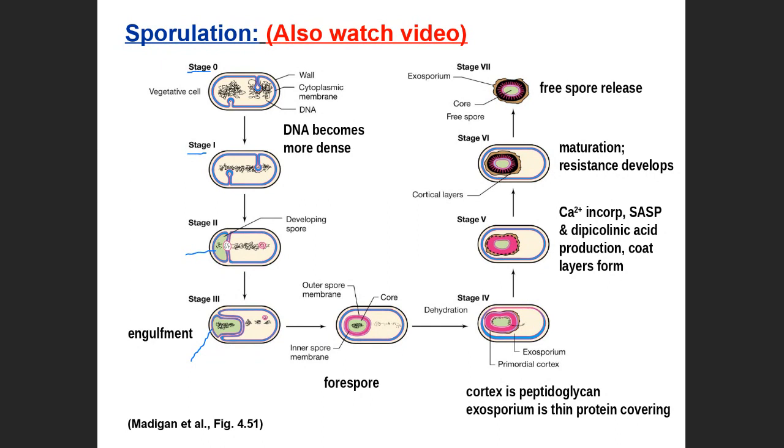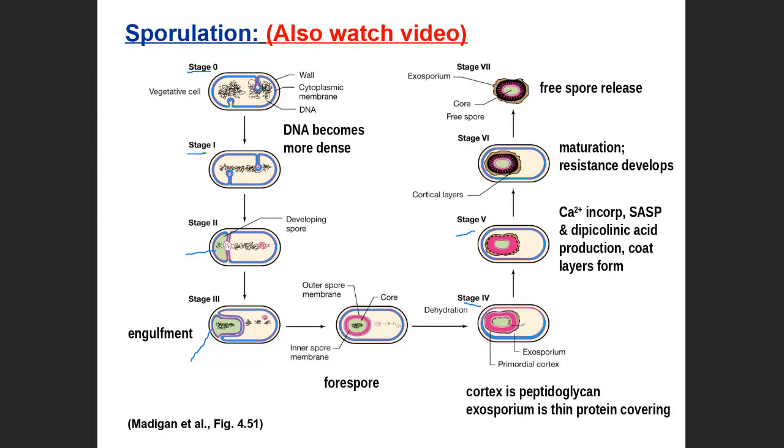And then you get to the formation and strengthening of the outer layers like the exosporium and the cortex. This is now going to be stage 4. And then with stage 5, you get the addition of calcium, that's calcium 2 plus ions.